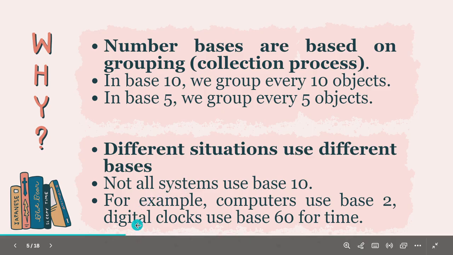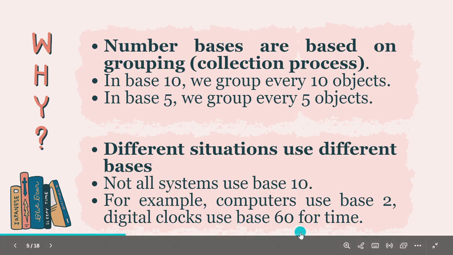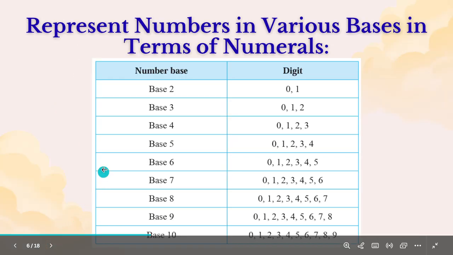Digital clocks use base 60 for time. For example, when the minutes reach 59, after 1 minute we jump to 00, and then the hour goes plus 1. So that's how we use number bases in our daily life.